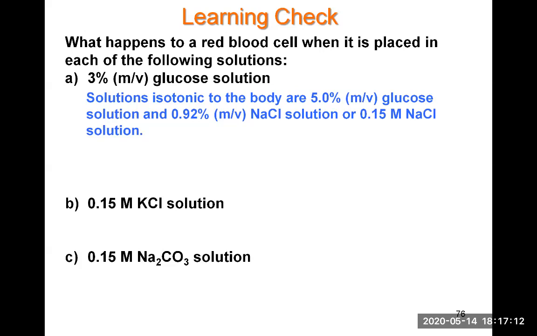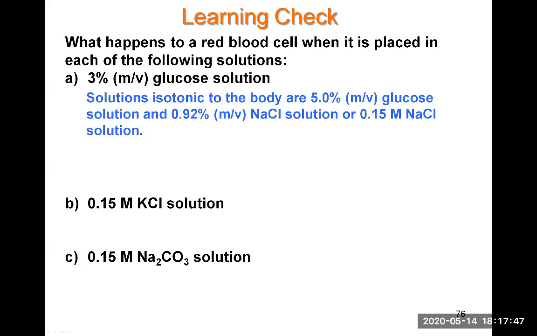So if it's smaller, the water will want to move into the cell. So this would be called a hypotonic solution, right? Because it's less concentrated than the intracellular fluids. And so water will move from low concentration of solute to high concentration. So that means it will go from the 3% glucose solution into the red blood cell to try to balance the concentrations.